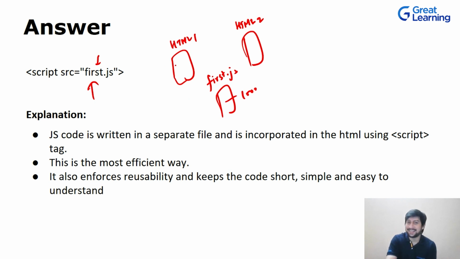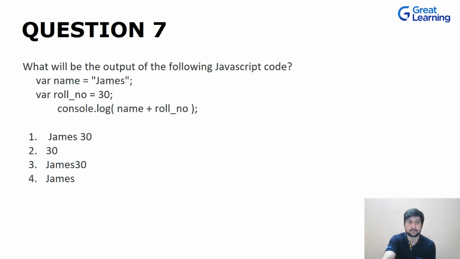Instead of writing it internally in each file, we are doing redundancy, repeating ourselves, and we don't want to do that. So we'll just add it in the script tag like this, and refer to this JavaScript file in both HTML files. Thus we are enforcing reusability, and it keeps our code short, simple, and very easy to understand. This is one of the most efficient ways to write our JavaScript code.